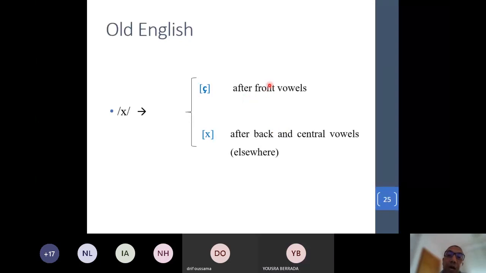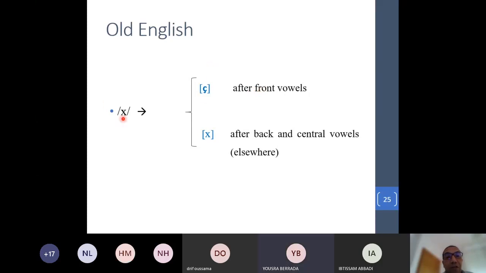And front vowels are articulated in the palatal region. So this is a kind of assimilation in terms of place of articulation. The frontness of the vowels affects the place of articulation of the velar, changing it into a front place of articulation, palatal place of articulation. It's also palatalization.